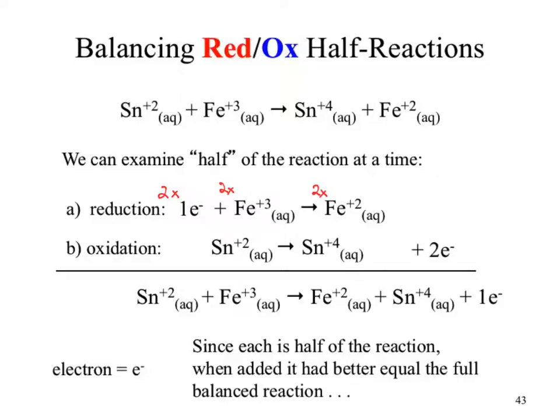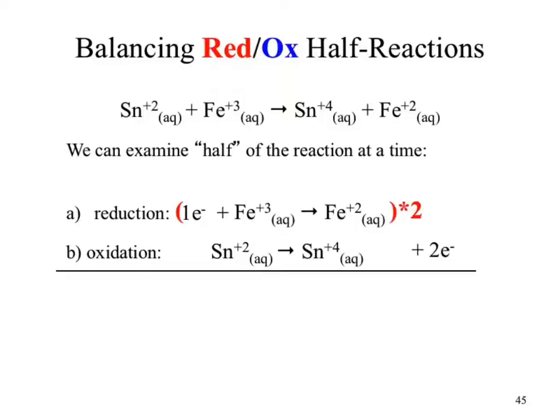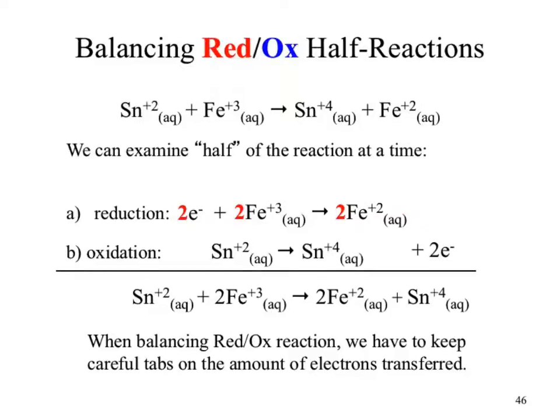Which then means, when I go through to add it up, what happens? I have 2 electrons on the reactant and 2 electrons on the product. What can I do? Cancel those terms. The exact same way I would cancel the system 2 plus x equals 4 plus 2. What does x equal? 4, because what did I do?